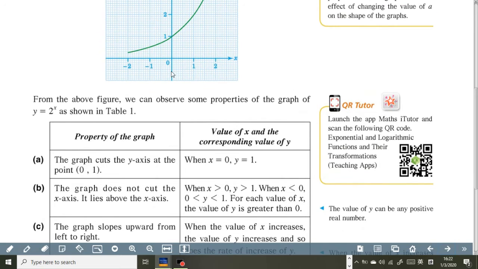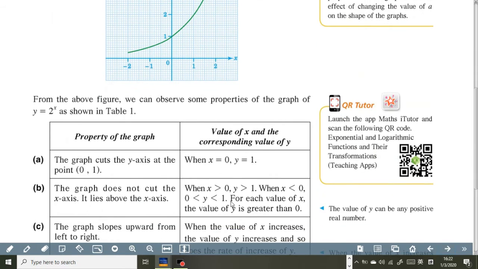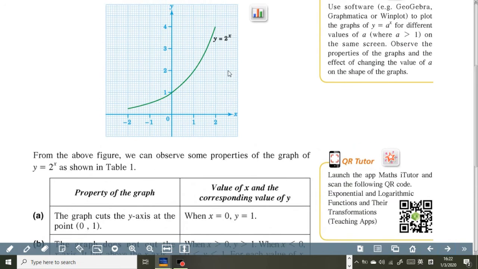But now I also want to discuss when x is greater than 0. That means we consider the part with x greater than 0, which is this part. You find that all the y values, that is the height of the points, are always higher than 1. So we have the conclusion: when x is greater than 0, y is greater than 1.